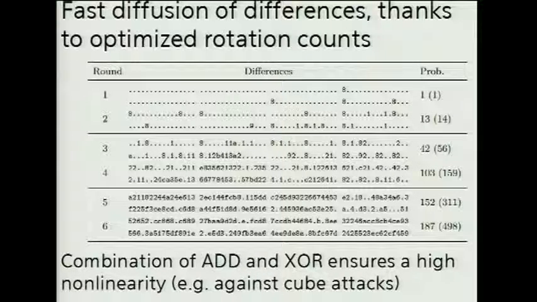So just to show you a simple example, here we introduce a difference of 1 bit, and after 2 rounds we have a Hamming weight of 13, 14, and after 4 rounds this is as high as 100. So we really try to optimize the diffusion, which means the number of differences given one single difference in the input.